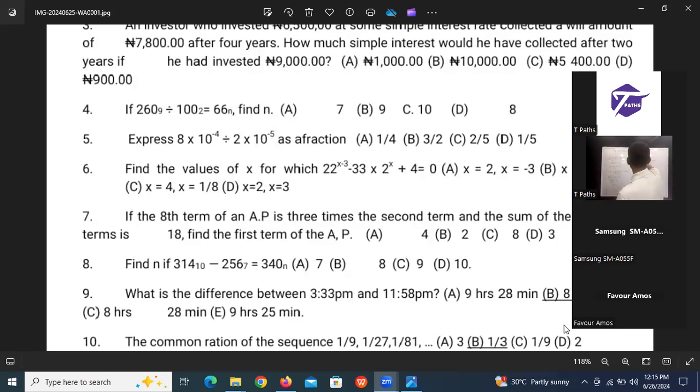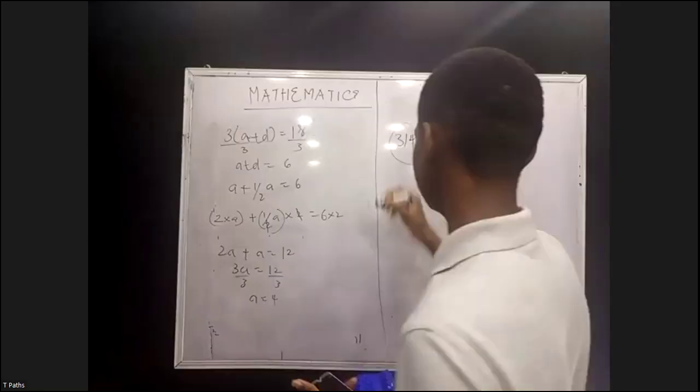So the question is 314 base 10 minus 256 base n is equal to 240 base 10. Find n. This was similar to the question in number 4, which I said the answer is not there. So here, what we are going to do is, this is already in base 10, so we are going to leave it in base 10.